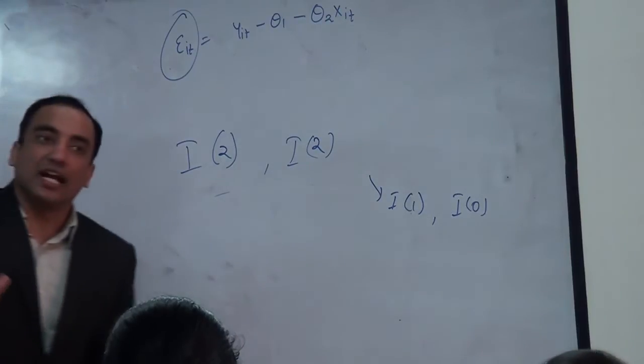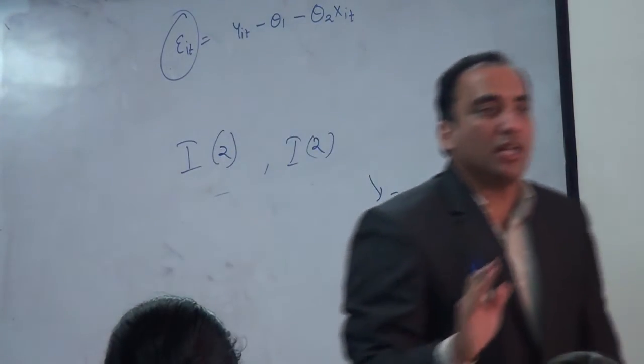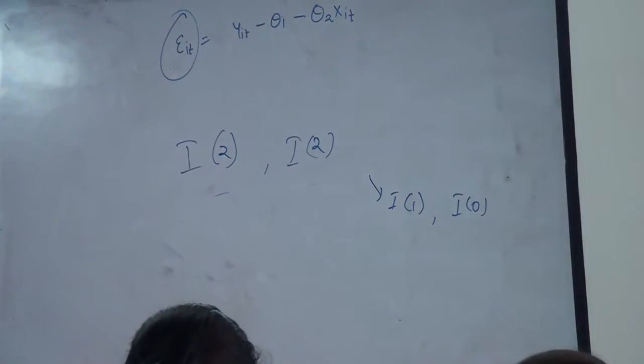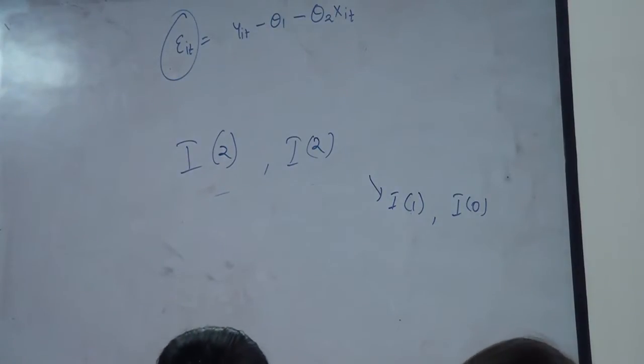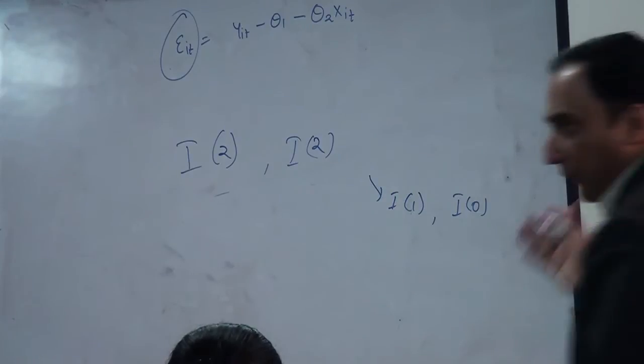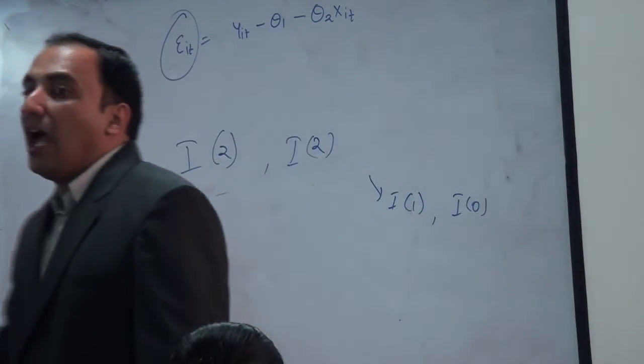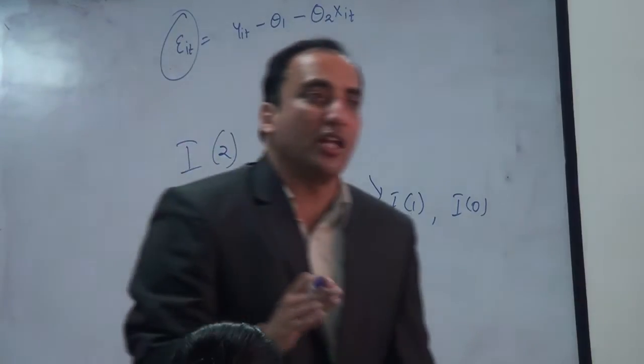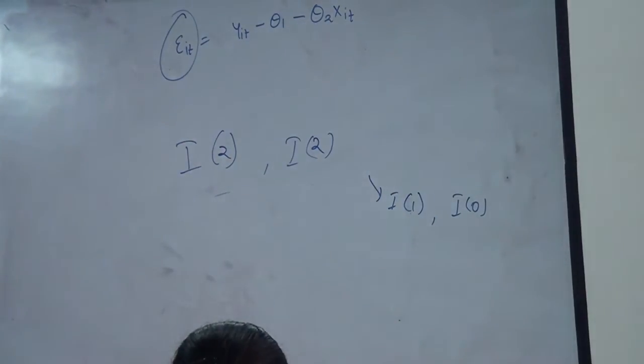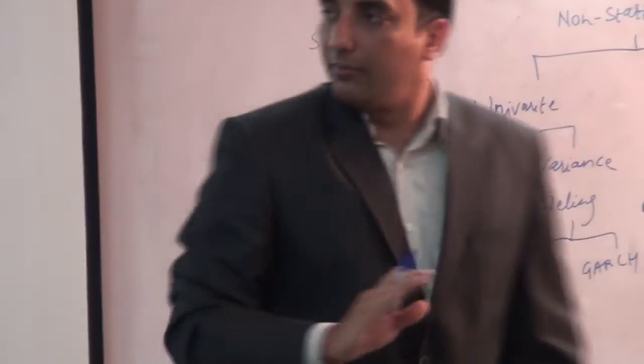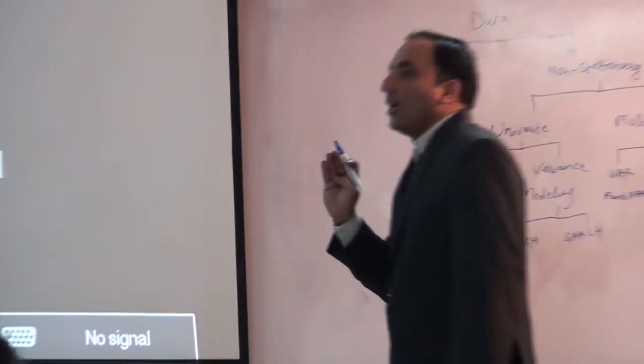So what is the technical definition of co-integration? If two series are non-stationary but their linear combination is stationary, then the two variables are co-integrated. Or if two variables are of a higher order of integration but their linear combination is of a lower order, then they are also co-integrated.